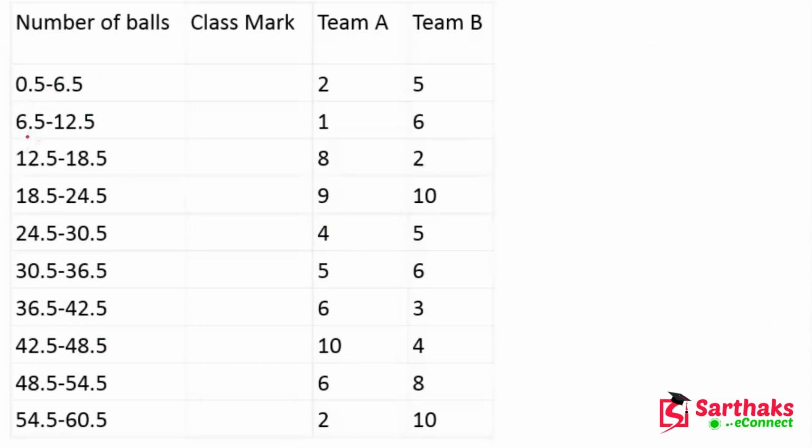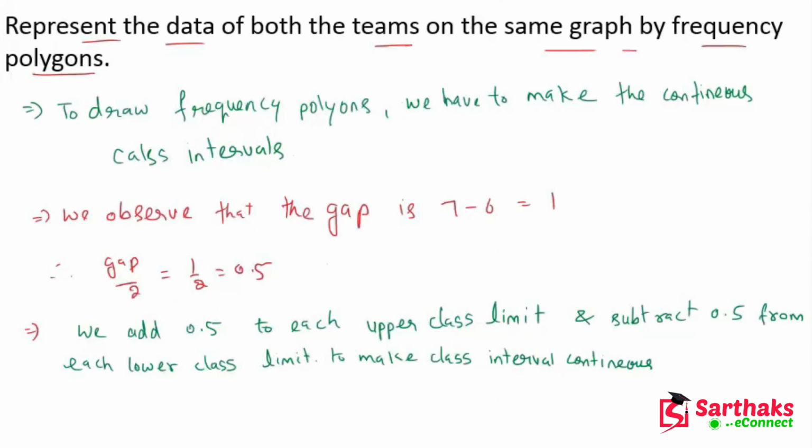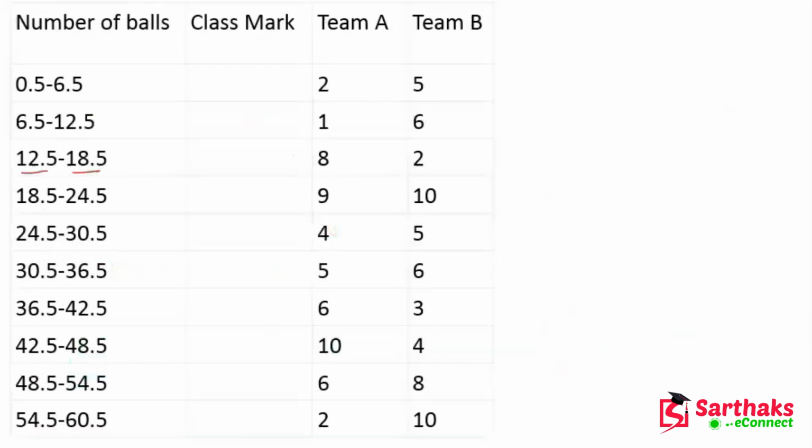This will become 6.5 to 12.5, and this will become 12.5 to 18.5. So after adding 0.5 to each upper class limit and subtracting 0.5 from each lower class limit, we get the continuous class interval.